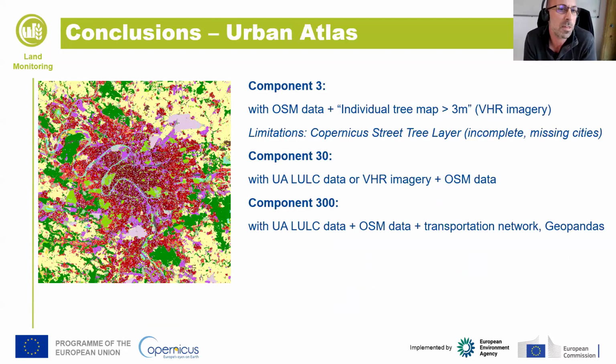So in conclusion, for component 3, you can use OpenStreetMap data, but also individual maps using very high resolution imagery like Pleiades or WorldView, because we have some limitations for the street tree layer, with a few missing cities, and also the definition with a group of trees of more than 500 square meters. For component 30, we can use land use, land cover data, OpenStreetMap, and also very high resolution imagery.